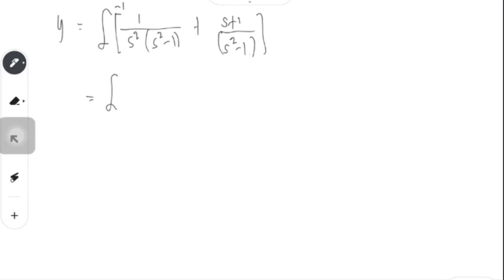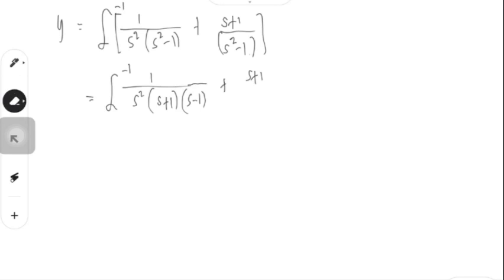So, we have the inverse Laplace transform. Ito pwede natin gawin ganito. Yung s squared minus 1, pwedeng gawing s plus 1, s minus 1. Diba? Tapos ito, we have s plus 1, this linearity property, plus the inverse Laplace transform of s plus 1.